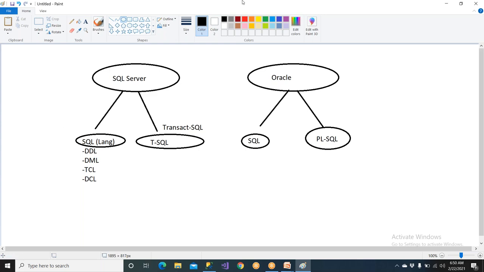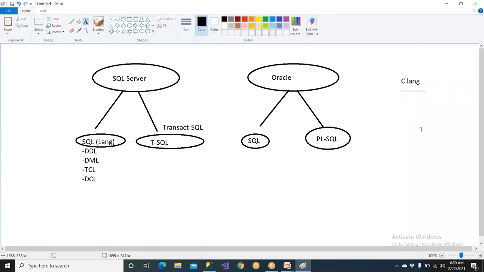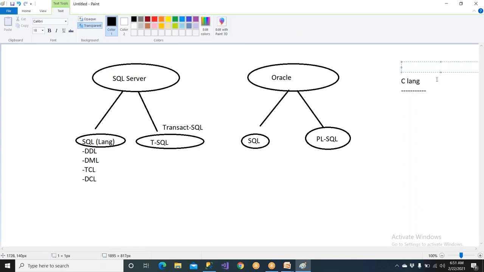But when you learn C language, if anybody knows C language, it has a lot of beautiful features. Okay. If you take C language, this is the first and finest language in this world. Introduced in the 1960s by Dr. Dennis Ritchie from Bell Laboratories of America. Clear?